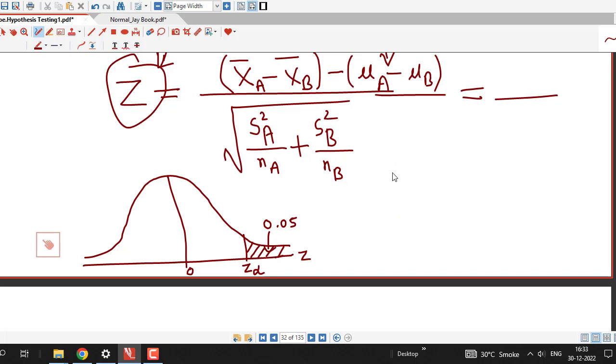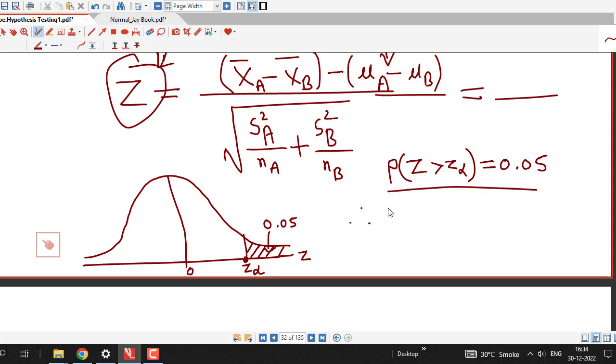So what is the meaning of this? If alpha is 0.05, this means the probability, if we consider the area to the right of Z alpha, is 0.05, and we are interested in the value of Z alpha such that this condition is satisfied.